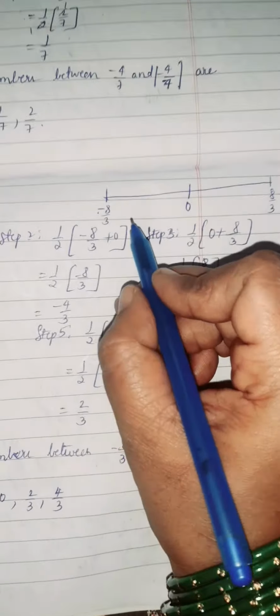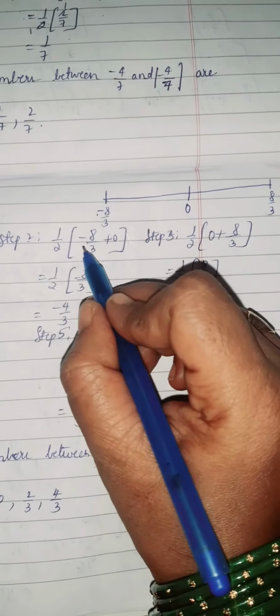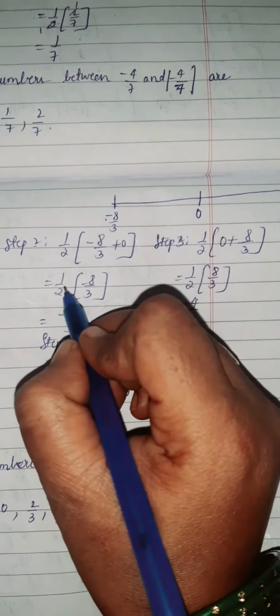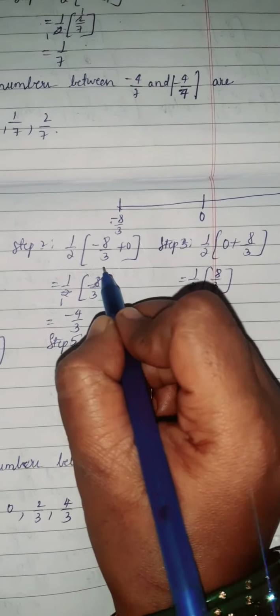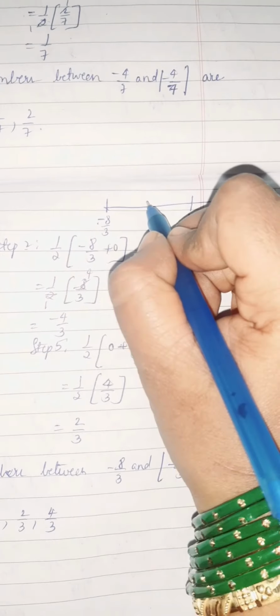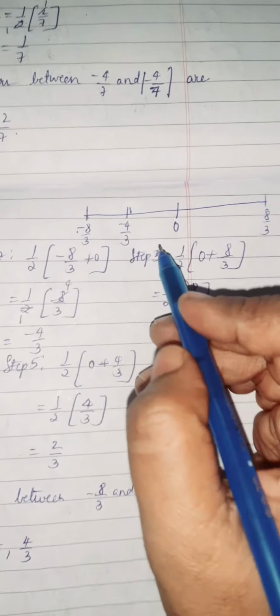Now in the second step, between these two rational numbers, 1 by 2 into minus 8 by 3 plus 0, which is minus 8 by 3. Cancel here, 2 ones are 2, 2 fours are 8, minus 4 by 3 is the rational number we get between these two rational numbers.